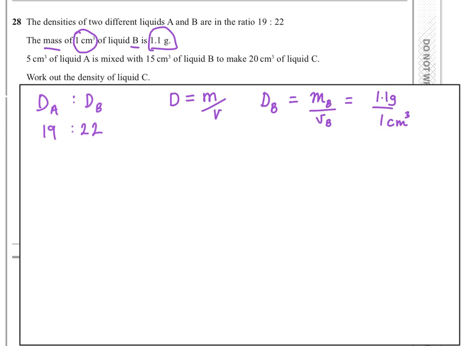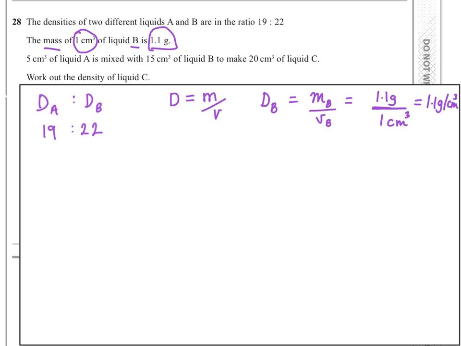So it's 1.1 grams per 1 centimetre cube. So the density of liquid B is 1.1 grams per 1 centimetre cube. So as you can probably tell, this is quite a difficult question for me to explain. If we do that on the calculator, not that you need to, 1.1 divided by 1, you're going to get 1.1 grams per centimetre cube. Okay, so there's the density of B.